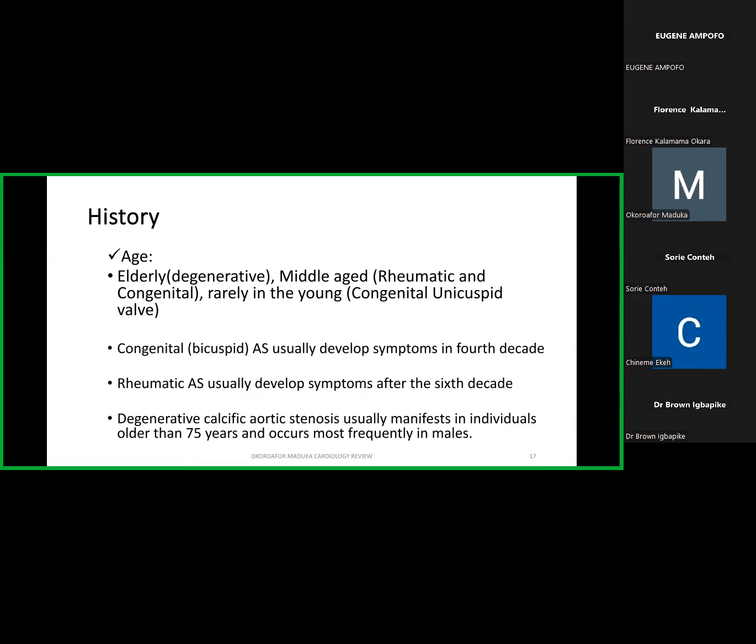So the history is important. In elderly patients, it could likely be degenerative. In a middle-aged patient, we will consider rheumatic or congenital causes, while rarely in young people, the presentation could be with a unicuspid valve. Congenital aortic stenosis usually develops symptoms in people less than 60 years.